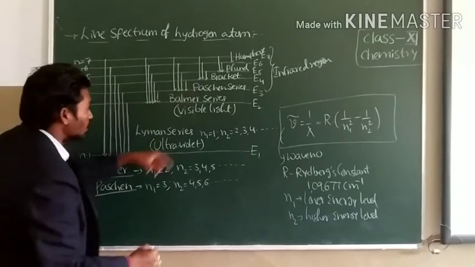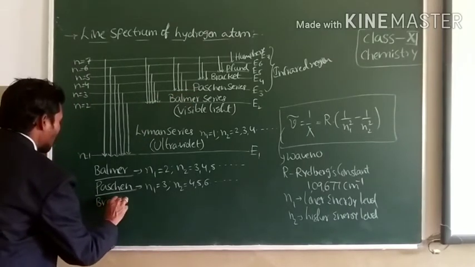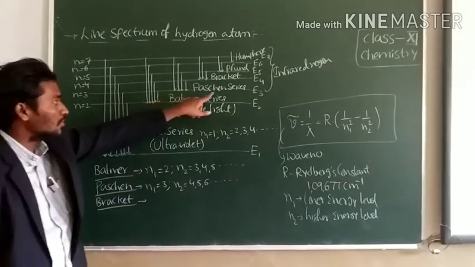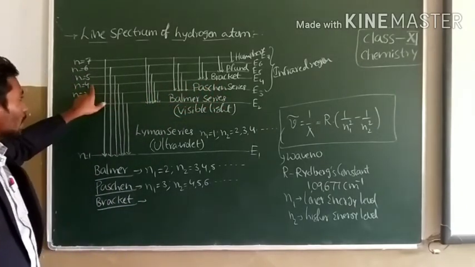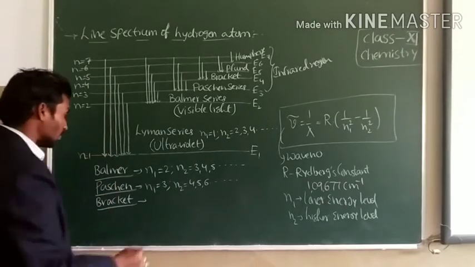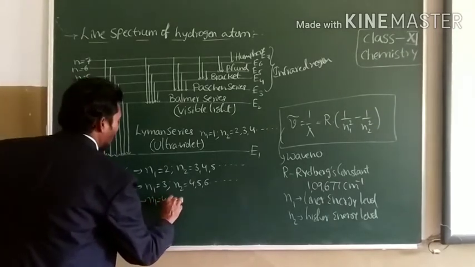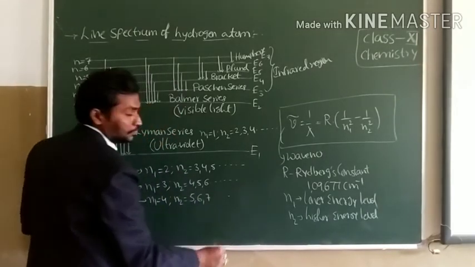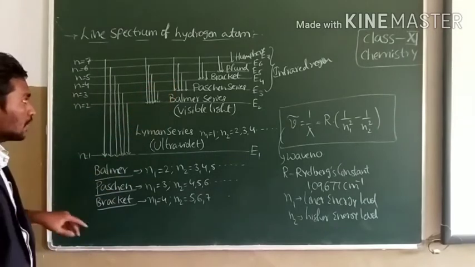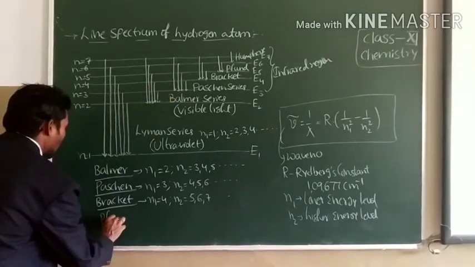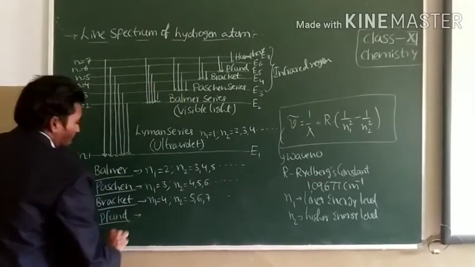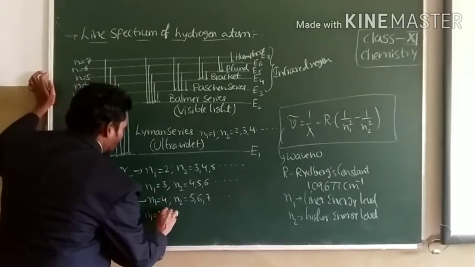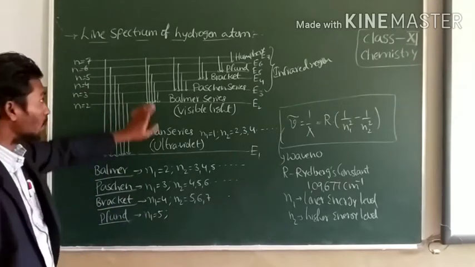Next, the fourth series, Brackett series. For the Brackett series, the n1 value is 4 because we observe the Brackett series in the fourth energy level. The n2 value is 5, 6, 7 and so on. Next after Brackett is the Pfund series. For the Pfund series the n1 value is 5, because we observe the series of spectral lines in the fifth energy level.